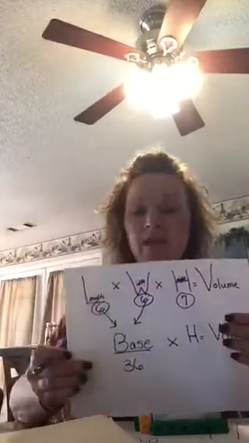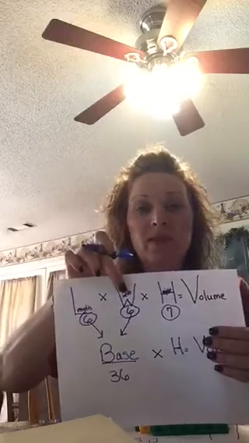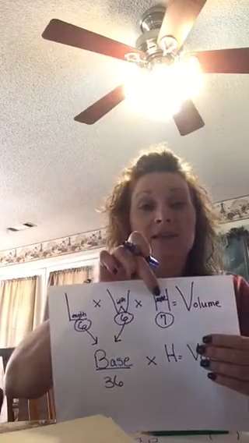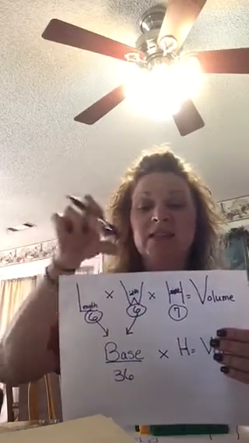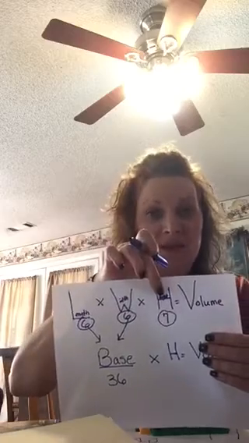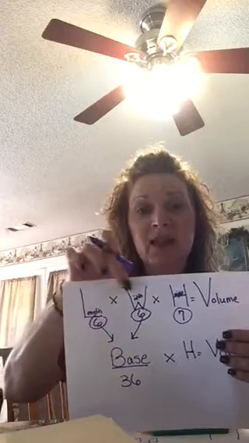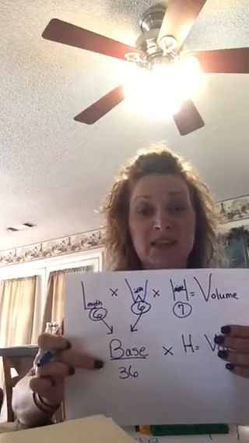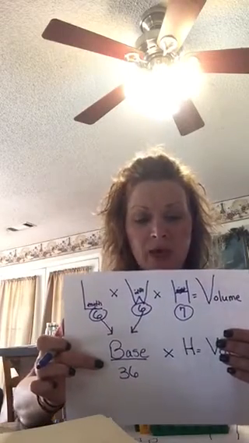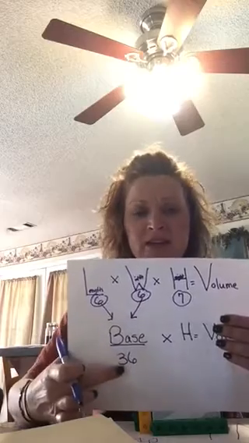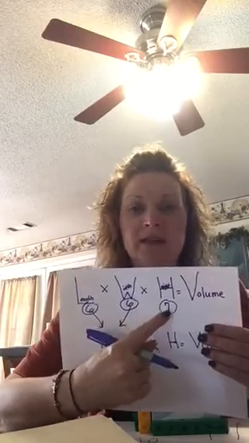So on my paper, I'm going to write 7. So my length is 6, my width is 6, my height is 7. 6 times 6 times 7 will give me my volume. I've already done 6 times 6 is 36, my base. So now I'm going to take 36 and multiply it times my height, times 7.